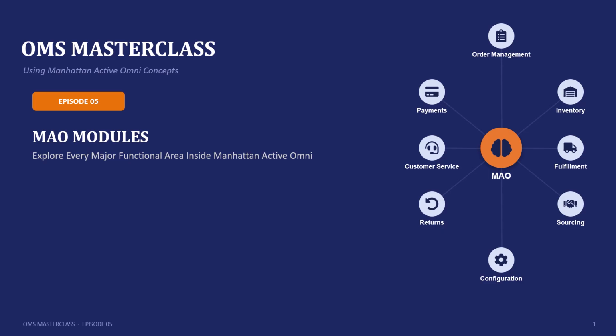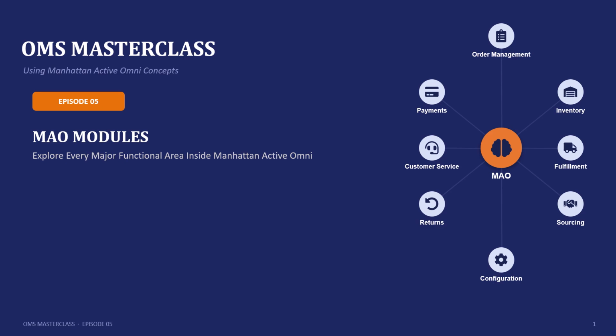In the last episode, we understood how Manhattan Active Omni fits into a retail ecosystem and how it connects with different enterprise systems. In this episode, we are going to explore the major functional modules inside MAO. Whenever you start working on a real project, these are the modules you'll hear about almost every day.